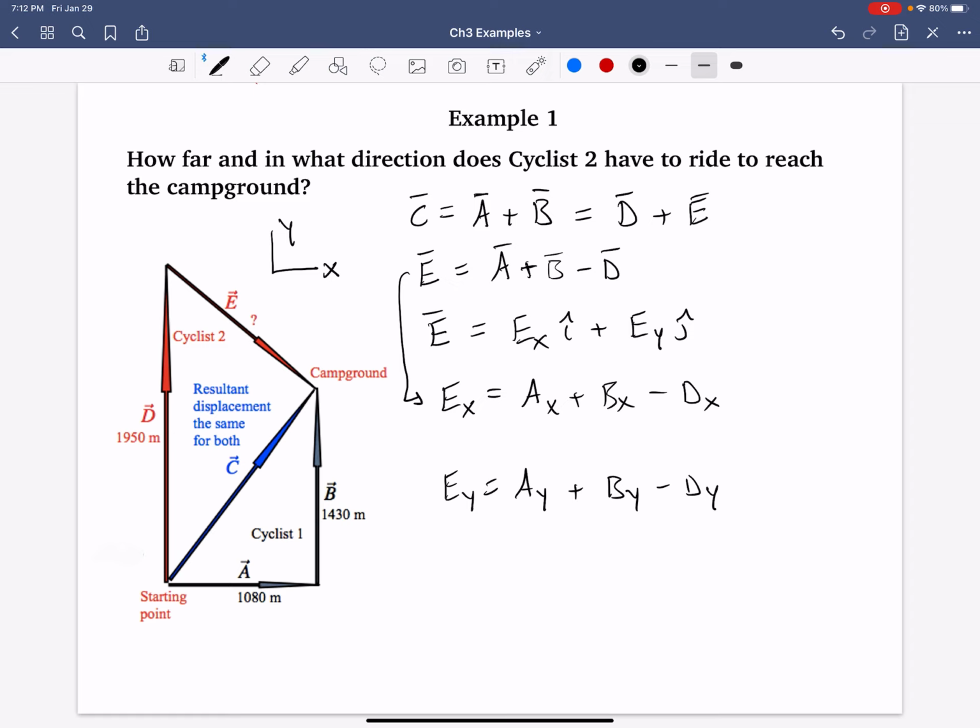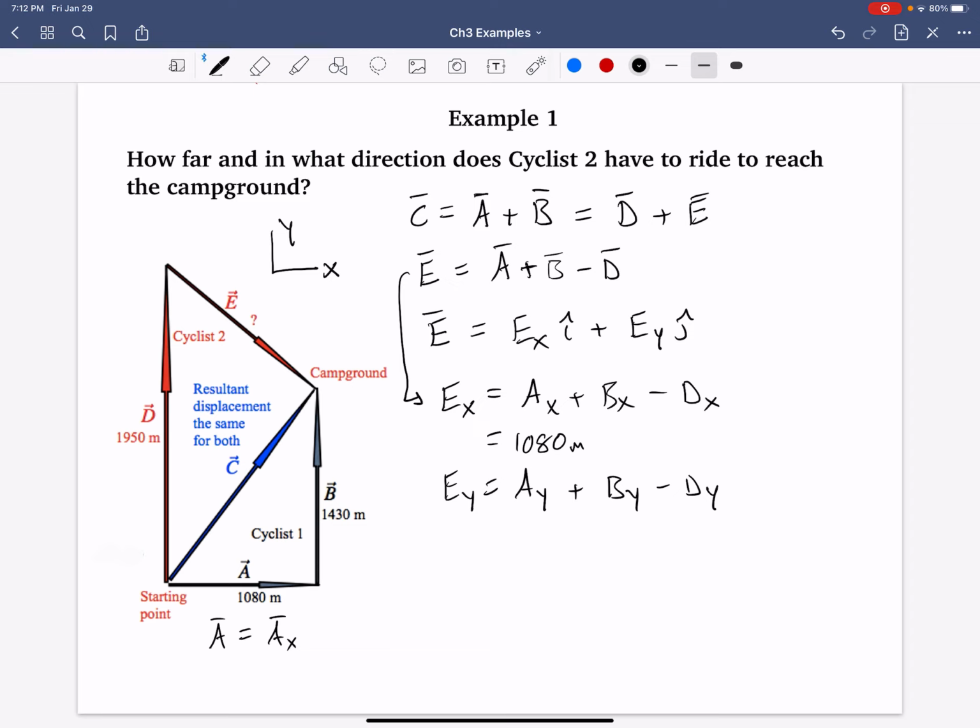So now we can see that this AX term right there is that one. And so in other words, A is the same as AX. And so that equals 1,080 meters.